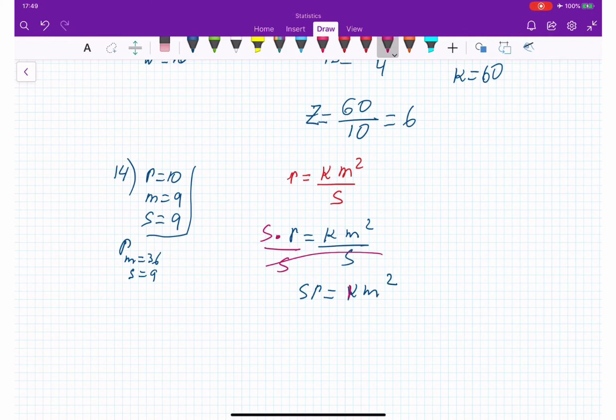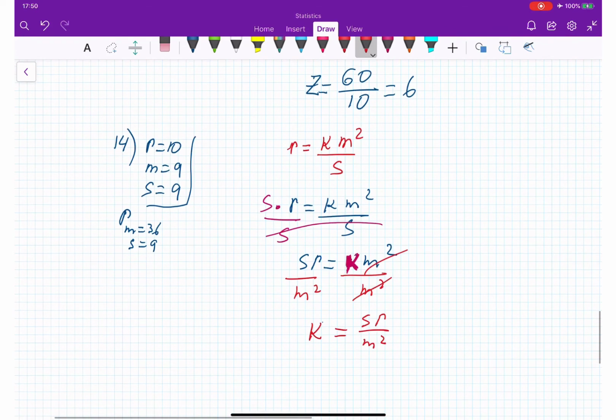We need to find the constant of variation, that's what we need to find. Therefore, I'm going to divide by m squared, because I need k. Practically, my k is equal to s r over m squared.